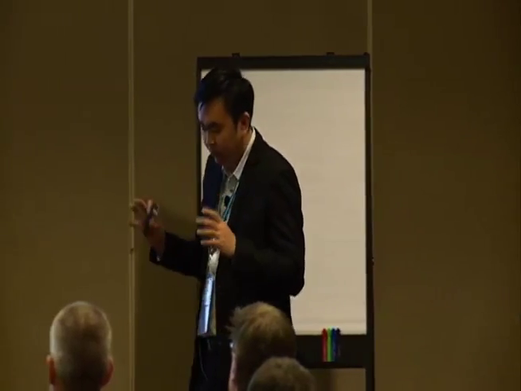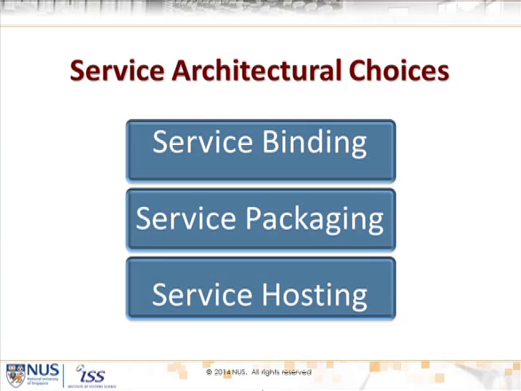So the first part of our research, we focus on a literature review of what's out there in industry and academia, in conferences, in papers, and so on. We generalize into three different areas that architects need to think about when they design a multi-tenant application: the hosting, the packaging, and the binding.